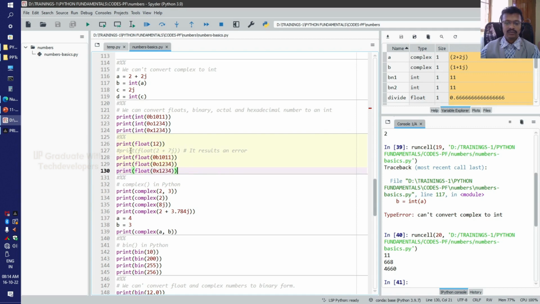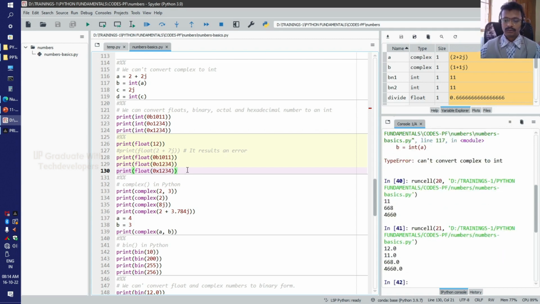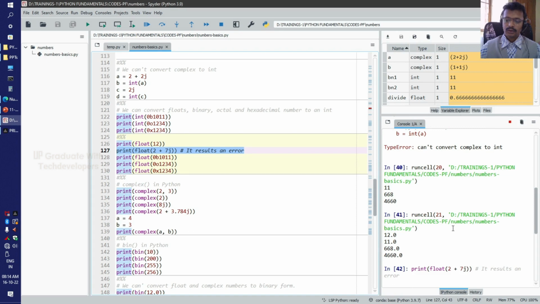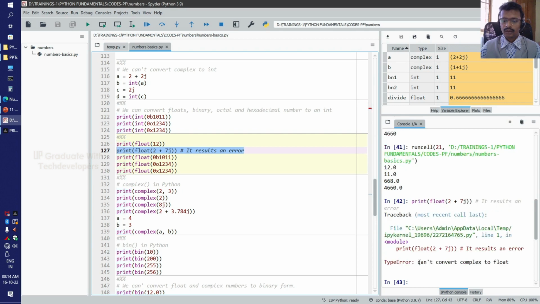Let me first convert these integer, binary, octal and hexadecimal numbers into floating point numbers, and then try to convert the complex number and see what happens. So look at the error, type error: cannot convert complex to float.